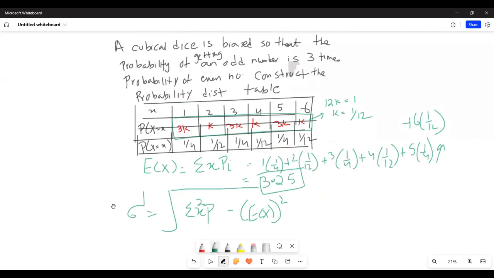So now you sum all the values again, but this time you put a square on x, and then you just substitute the values here in the formula. So you get a value from there. अभी वो हम निकाल नहीं रहे. Okay, next question.